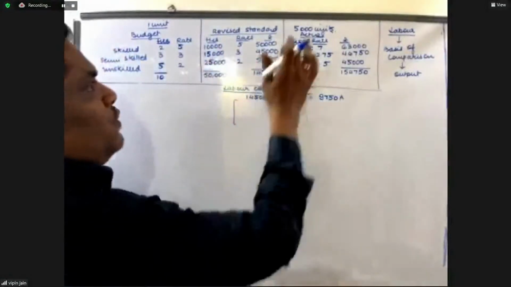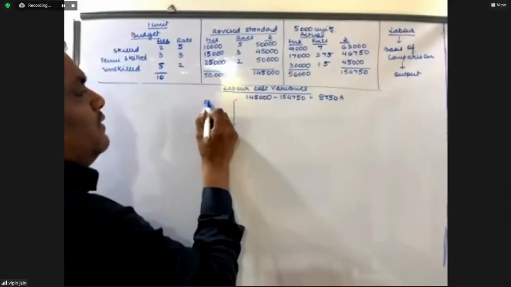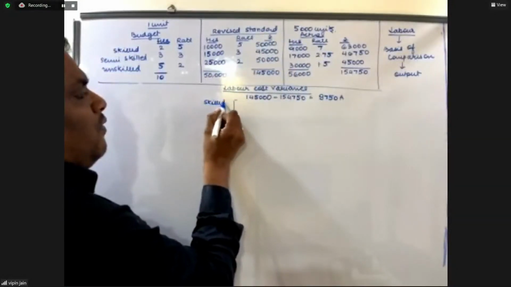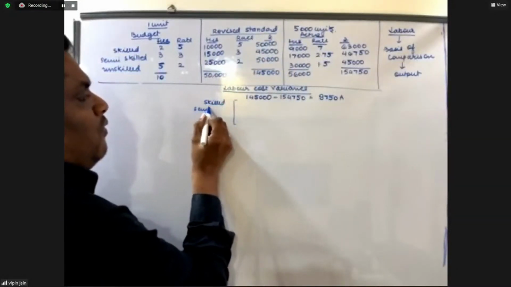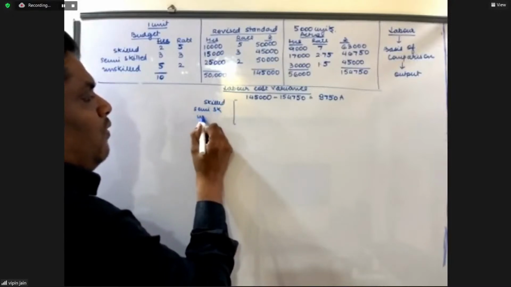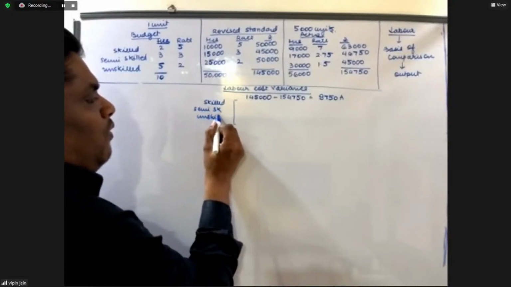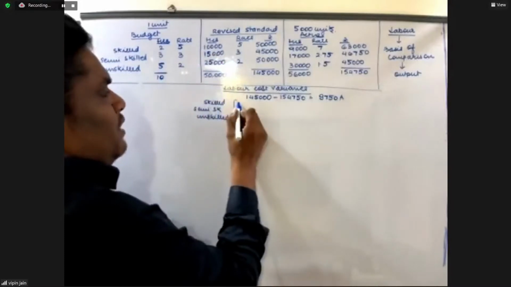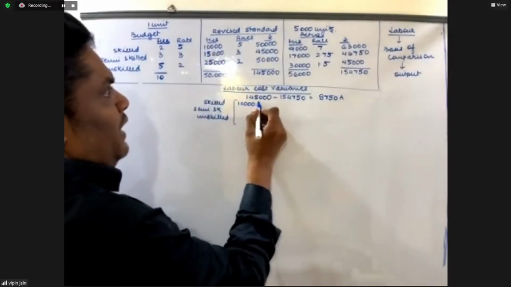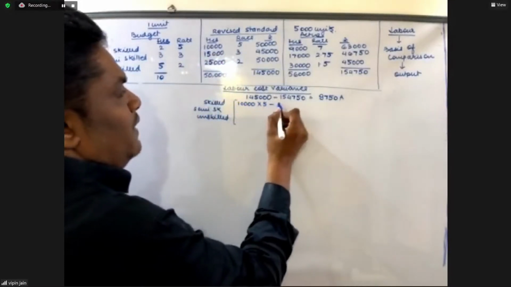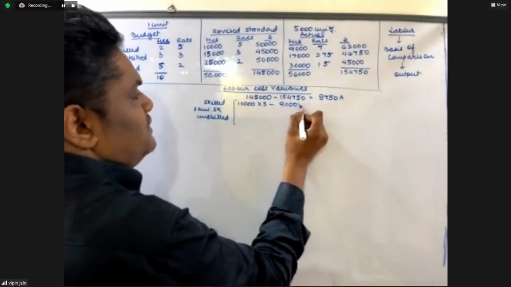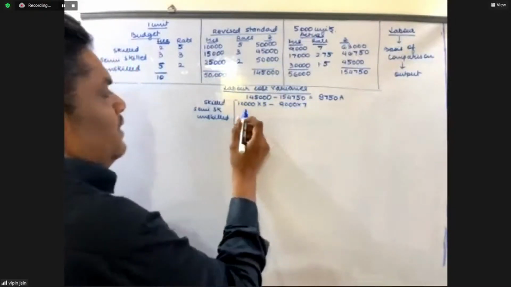That is, to manufacture 5,000 units, 10,000 hours of skilled labor were required at the rate 5. However, the work was completed in 9,000 hours at the rate 7.